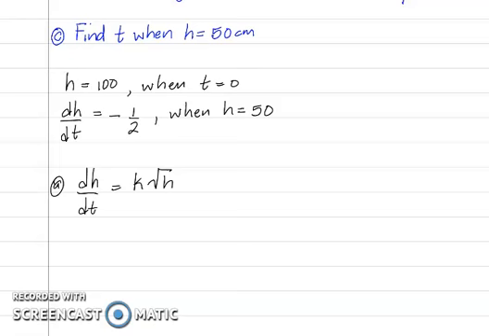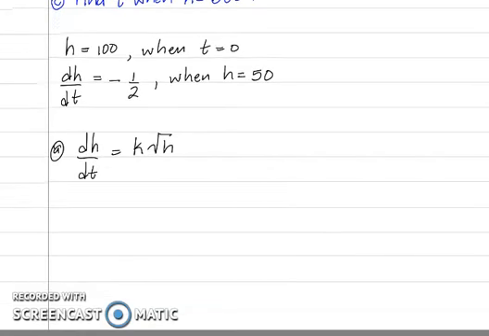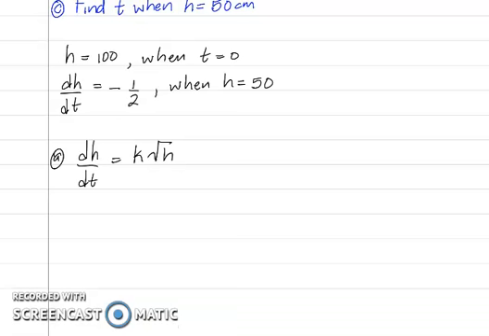All right, so let's apply a boundary condition. We're going to apply the second boundary condition, which says that dh/dt is equal to minus a half when h is equal to 50. Now, the root of 50 is the same as 5 root 2, so minus a half is equal to k times 5 root 2.